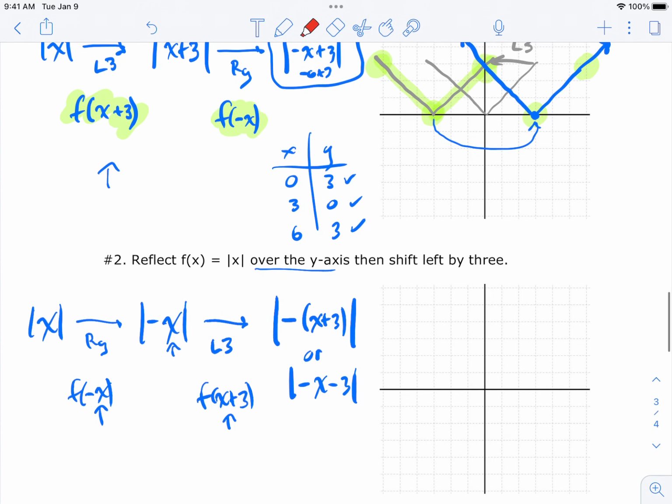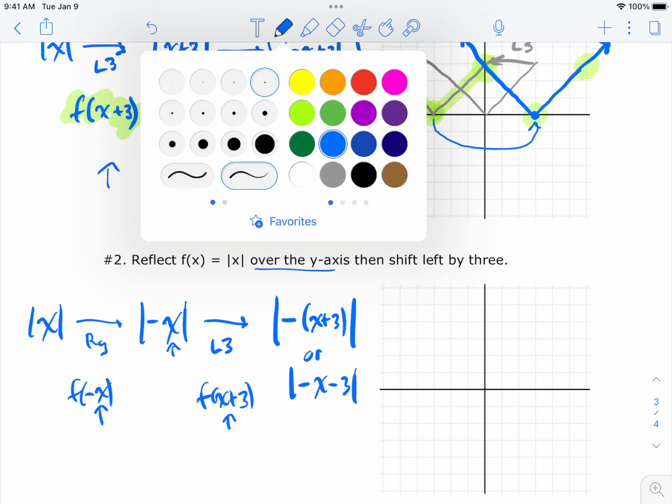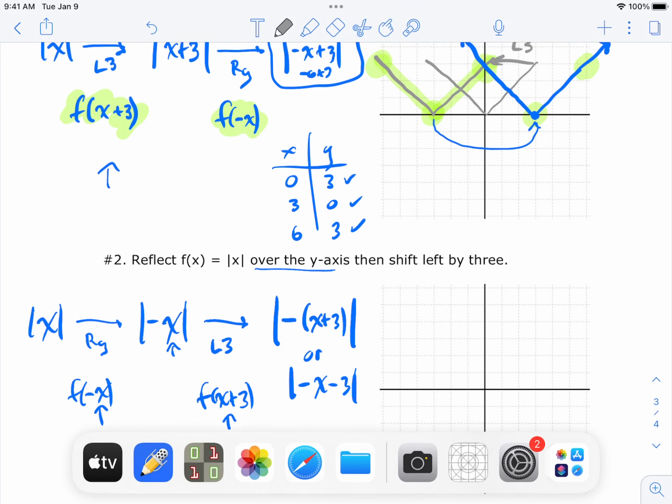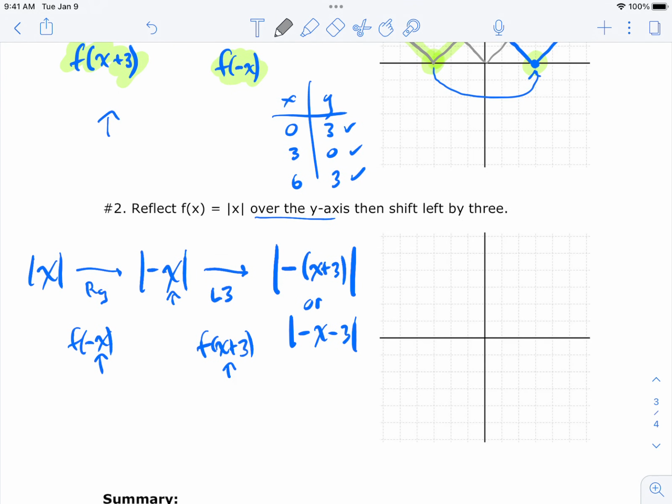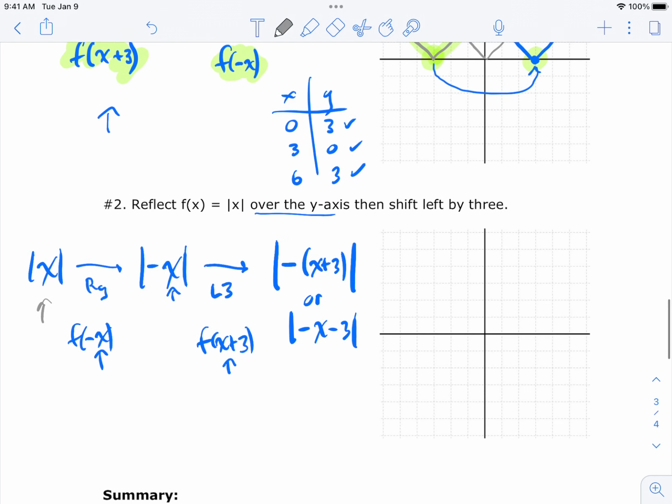Well, okay, we'll do an XY table in a second, but first, let's try to picture what happened here that's any different. We start the same. We start with just plain old absolute value of x, which is this 45-degree V thing starting at the origin, vertex at the origin. Now, if we first reflect over the y-axis, it's not going to look any different, is it?